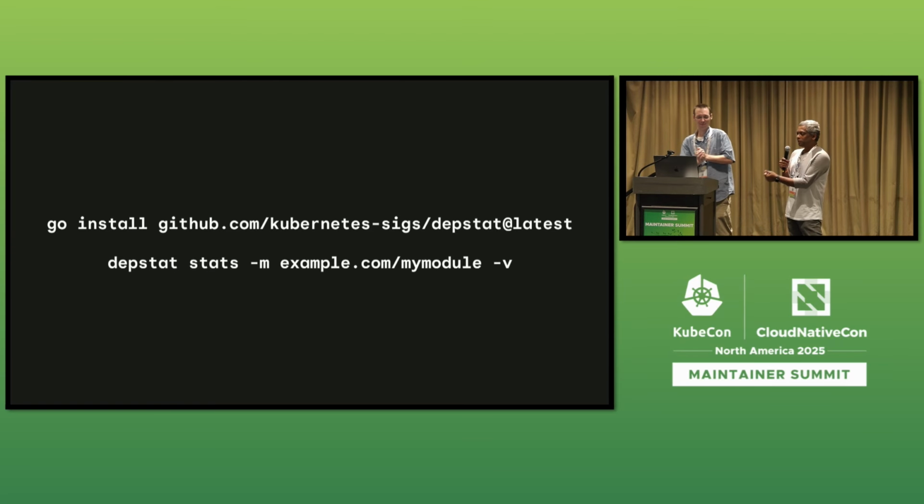Just before we brought in depstat, we made a conscious decision at some point to store the vendor tree in Kubernetes itself. So when somebody submits a PR, they have to update the vendor tree, and we know the diff. You've seen so many projects where they just update the mod file and don't store the vendor tree, so you don't know what is coming.